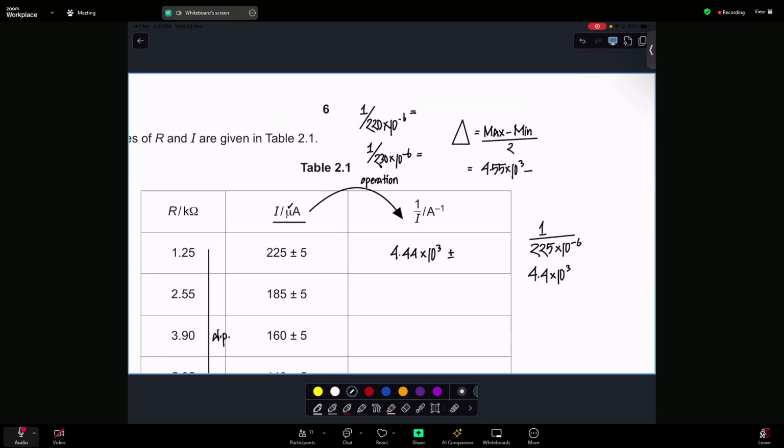That's the maximum one, and then the minimum one, right, divided by 2. That is the uncertainty.